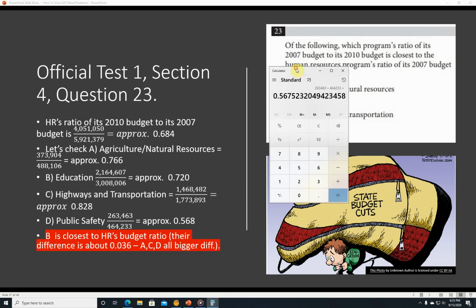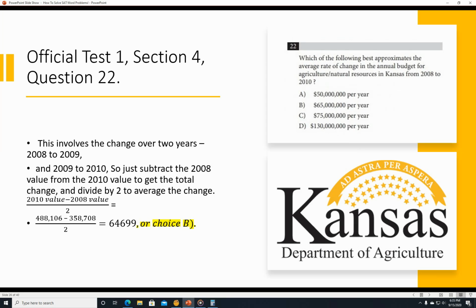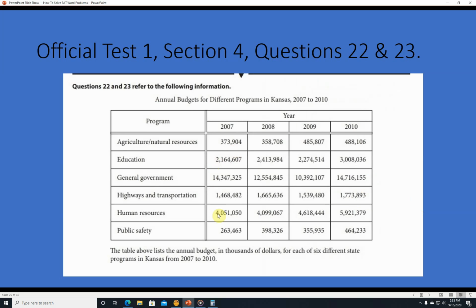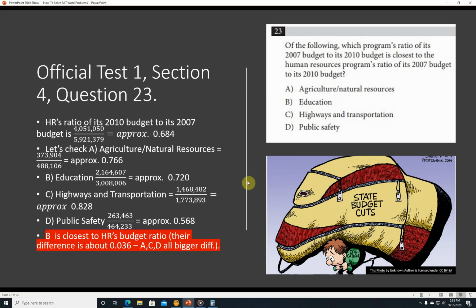So we can see from these values that we got from here, basically just, you can see public safety, take this, divide it by that. Highways and transportation, you take this, divide it by that. So B is closest to the HR's human resources budget ratio.